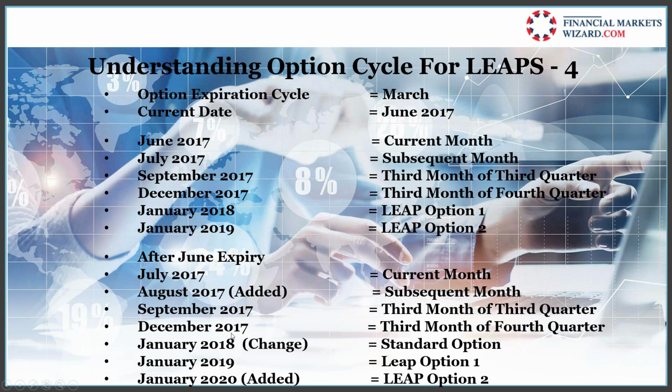Because it's so close back to back, they make it a standard option and then they add another year, January of 2020. So now you see 1, 2, 3, 4, 5, 6, 7 months listed for a leap option. Previously we were seeing 6, now we see 7 because of December 2017 and January of 2018.